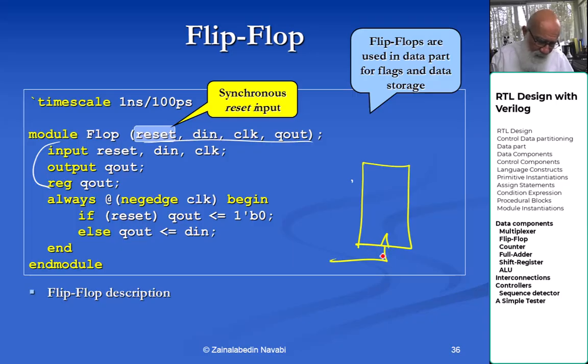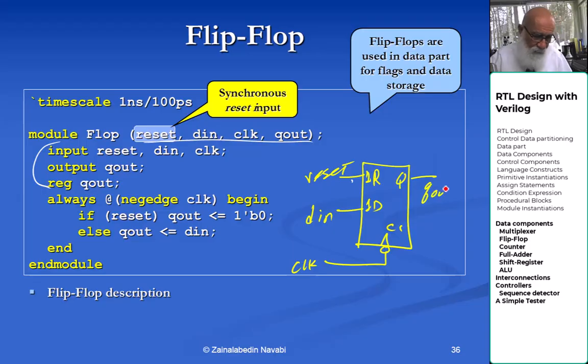It has a negative edge, and this is C1, 1D, 1R. This is the reset, and this is the Q output. This is the clock input. This is the reset input. This is the D in, and this is Q out. This is what we are describing, a negative edge triggered synchronous reset flip-flop.